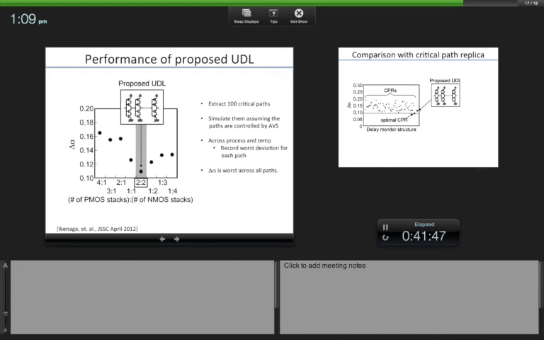No matter which delay monitor you create, you still have to adjust the supply voltage such that the delay monitor's delay meets your target delay, and that voltage will be the lowest voltage. Now, we are asking the question, what should be the structure of the delay monitor? Which one matches the critical path the best? No matter what you use, you still have to adjust the supply voltage.